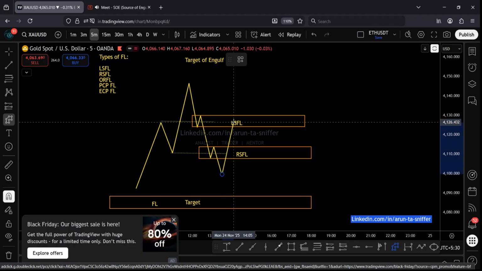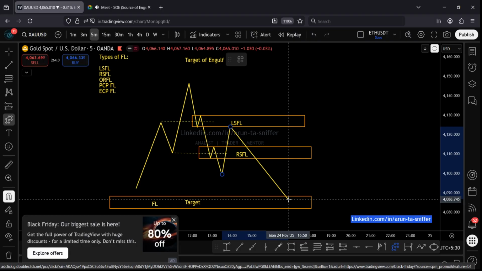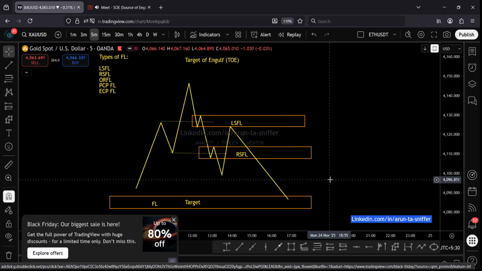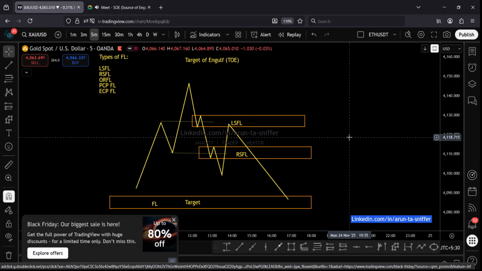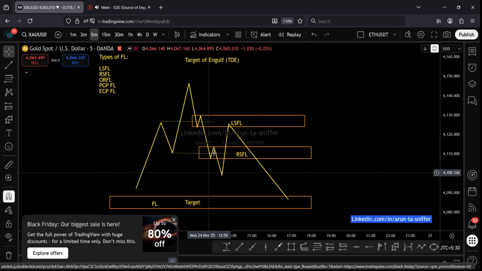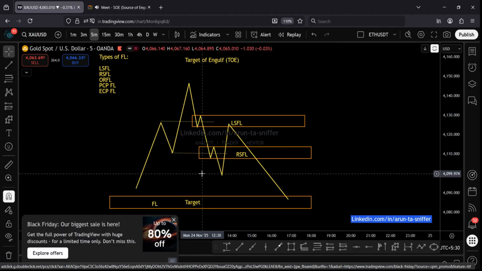Price will fake out to this LSFL and then come down and go to the target. Right, we have seen this in the past. So we have seen both sides of target when price engulfs to somewhere.